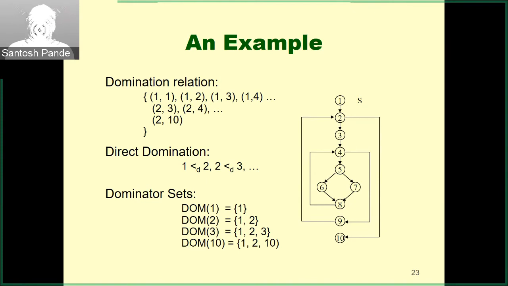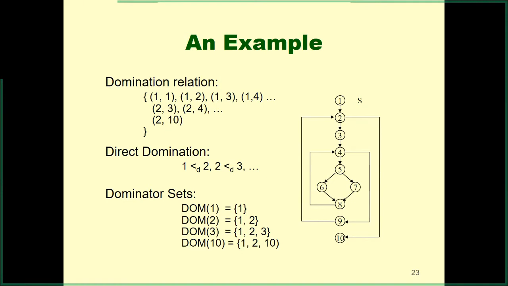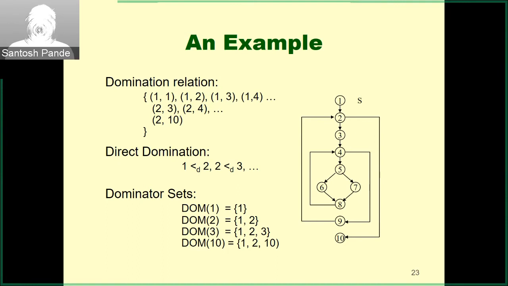Now, in order for a node to dominate me, you can see that it must dominate each one of my predecessors. So if I go to 6 and find its predecessor, which is 5 here, and find out the dominator set of 6 here, then I go back and find out if my predecessor dominates me. And the answer to that will be yes, that 5 dominates 6, and so does 5 dominate 7.